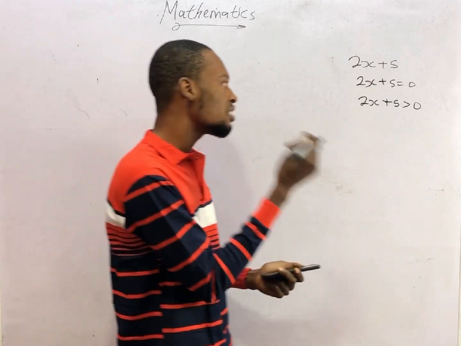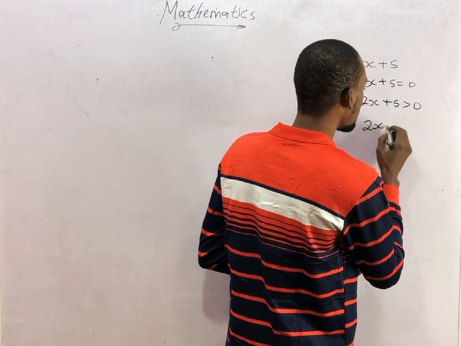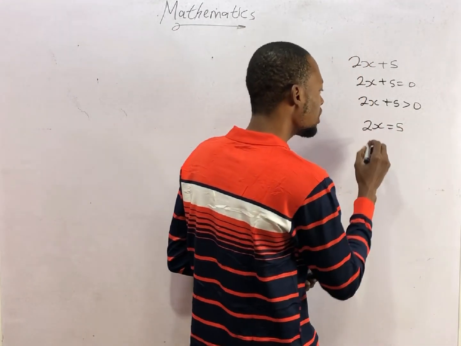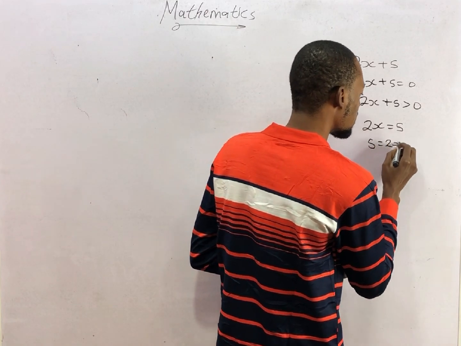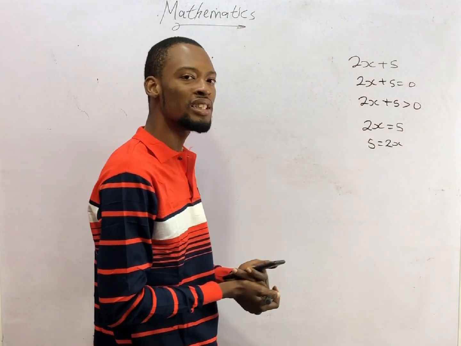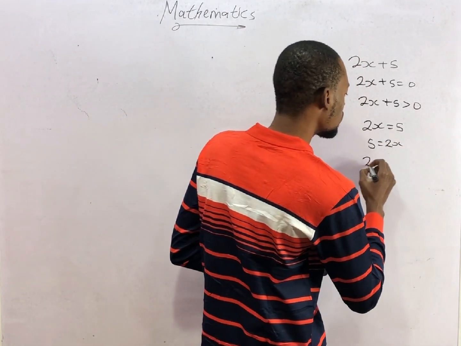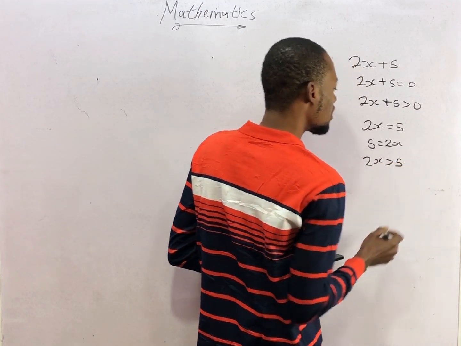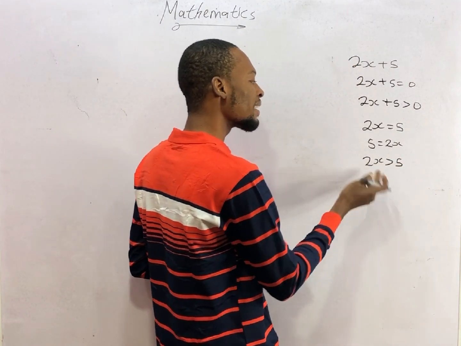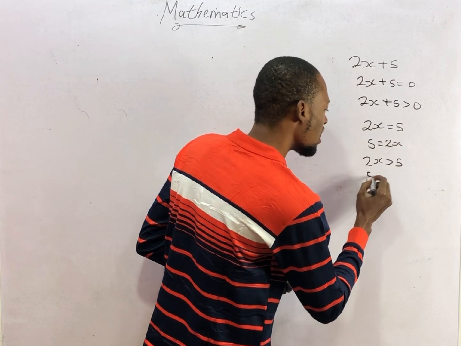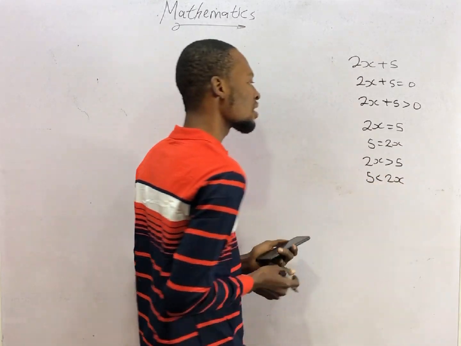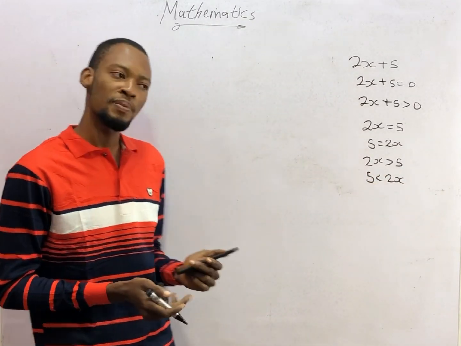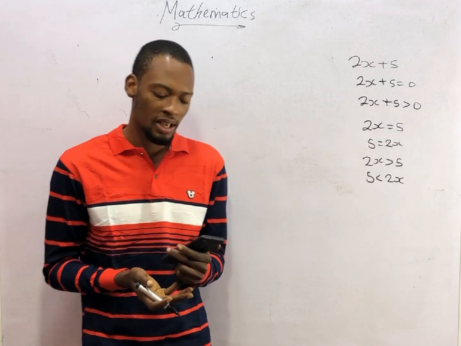Something else: in an equation, if I say 2s is equal to 5, it means 5 is equal to 2s. But for inequality, if I say 2s is greater than 5, you cannot say that 5 is greater than 2s. It simply means 5 is lesser than 2s. These are takeaways from expressions, equations, and inequality.